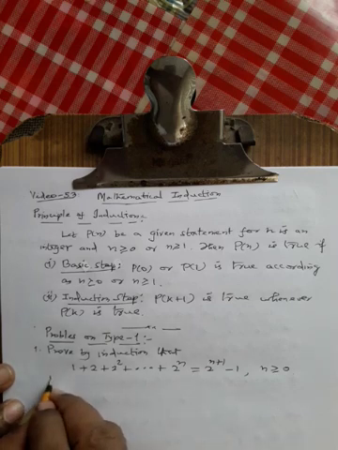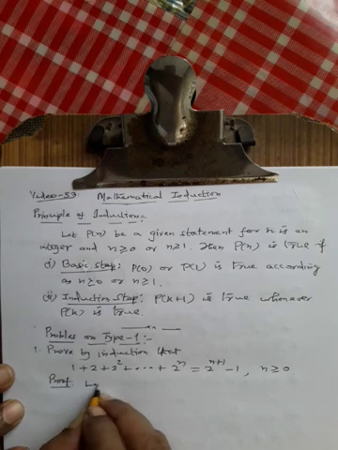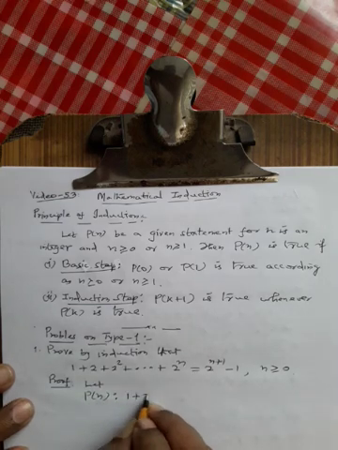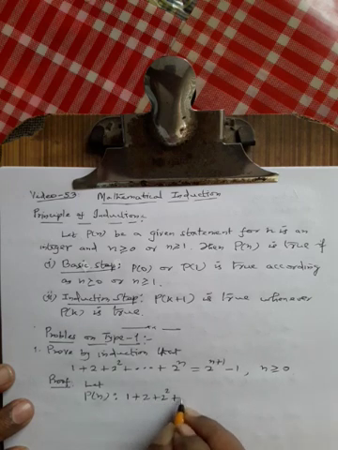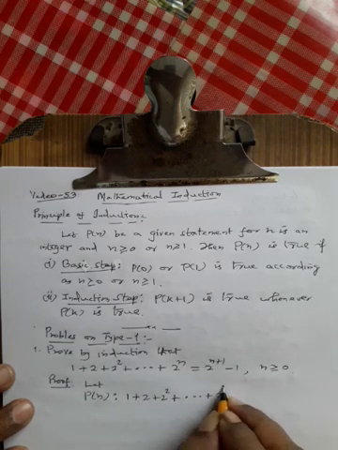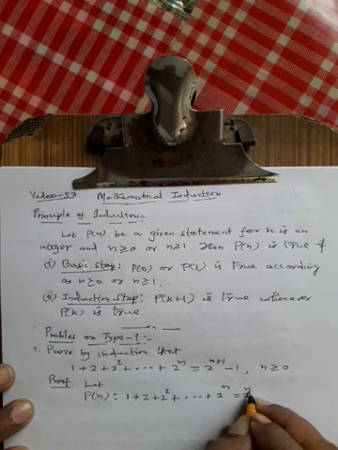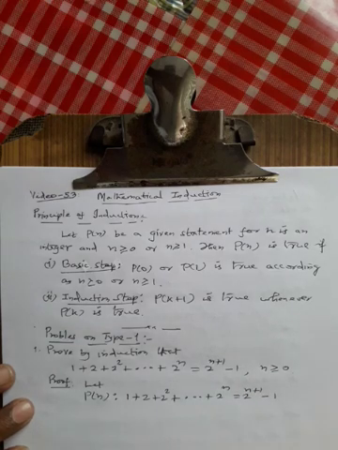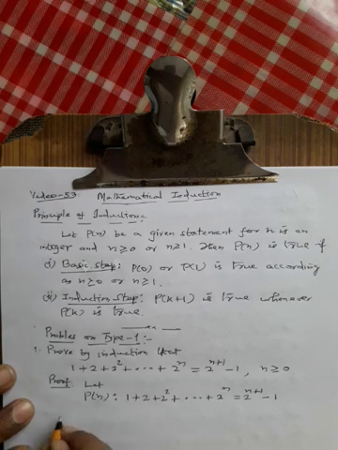So proof. Let P of n be the statement 1 plus 2 plus 2 squared plus etc. plus 2 power n is equal to 2 power n plus 1 minus 1. This is our statement P of n.